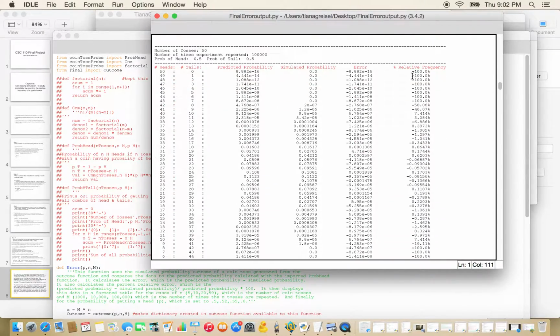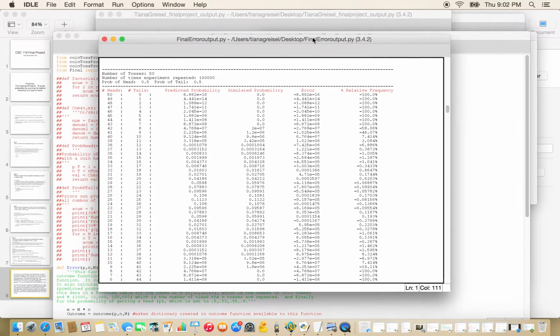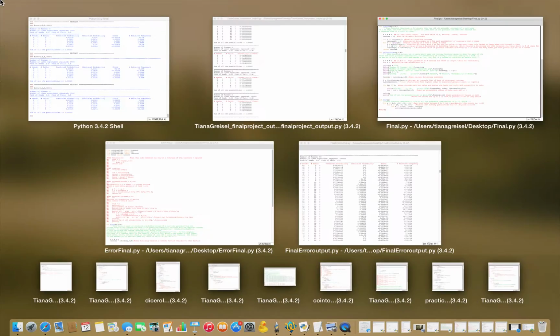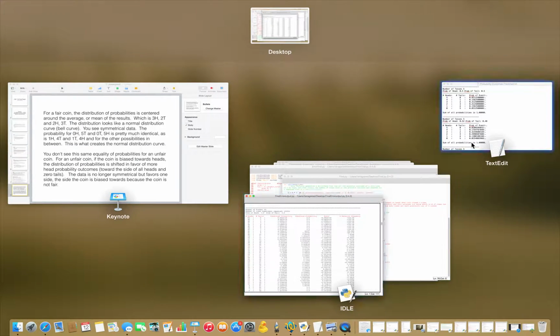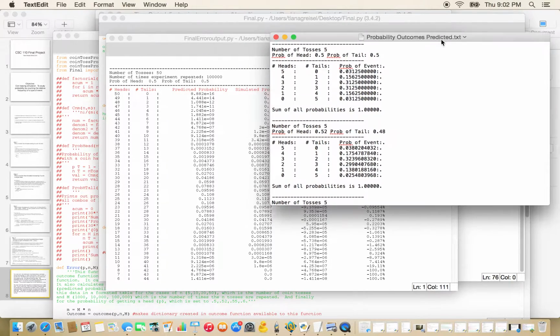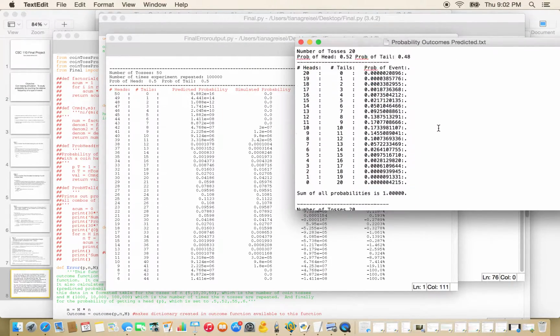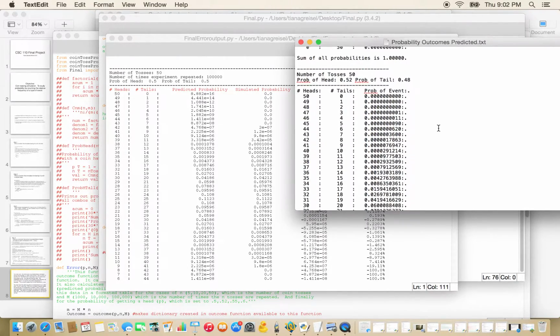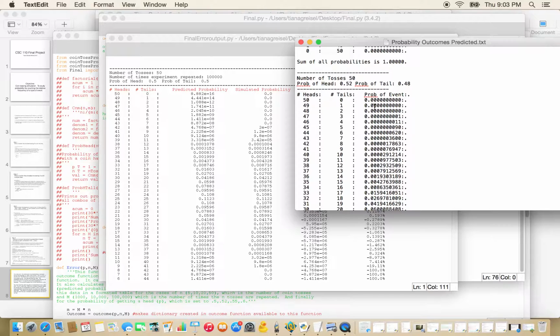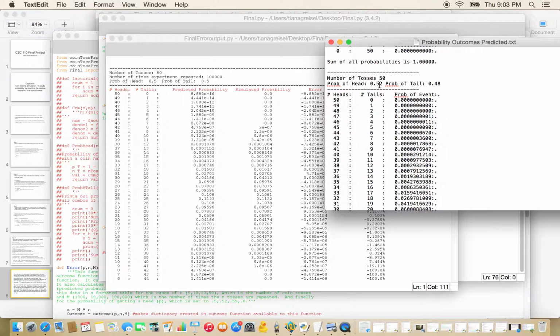For 10,000 times, well, I still didn't get any, but if you look at the probability outcomes predicted for the larger ends of 50, it's also 0 because those outer outcomes, it's 0.5 raised to the 50, it's very small.